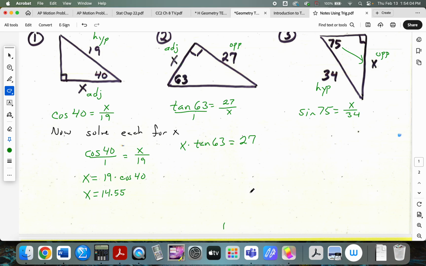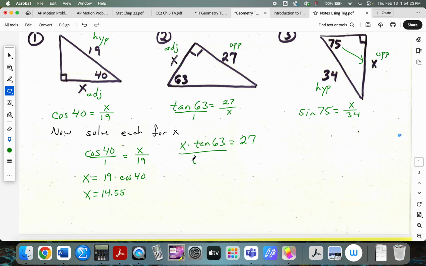Now on the last one, when we cross multiplied, we got the x by itself immediately. Here we got to do one more step. What do we have to do to get rid of this x times tangent of 63 so that it's just x? Divide by.